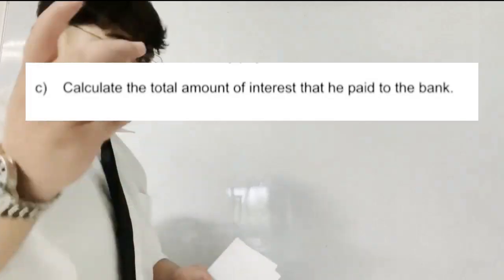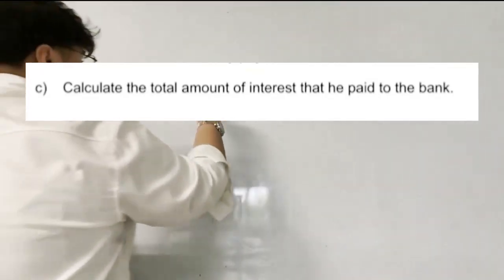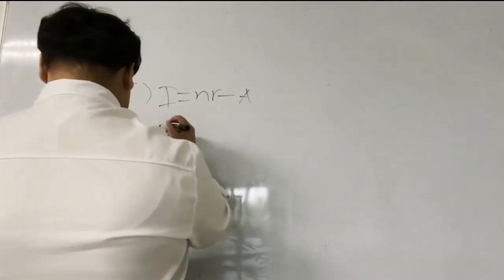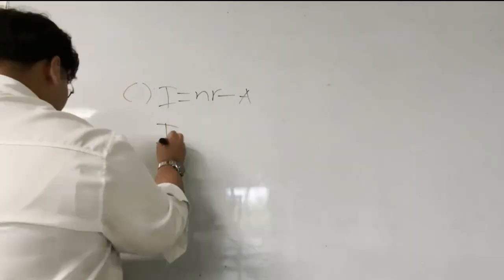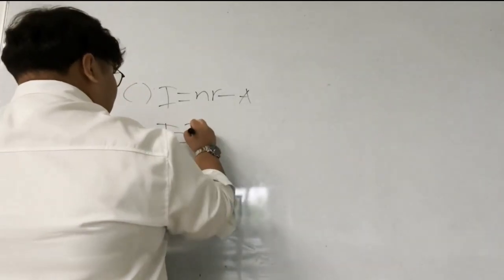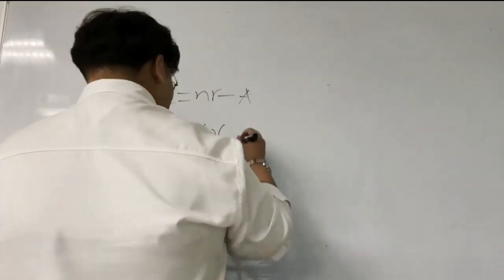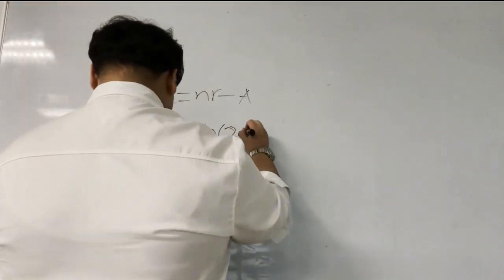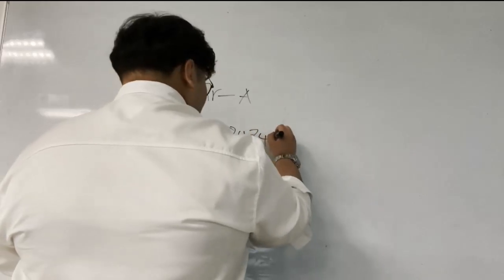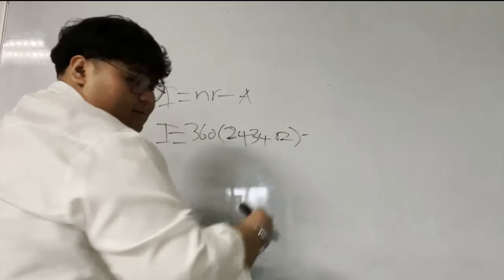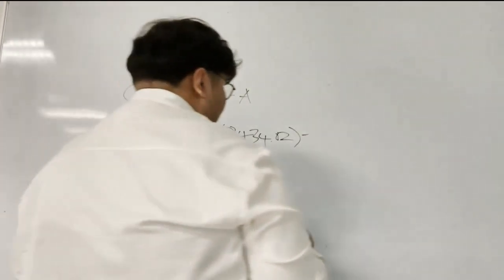So previously we already found N, R and A. So we just fill in the formula. I equals 360 bracket 2,434.82 minus DA, which is 510,000.